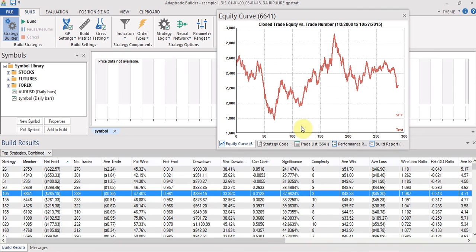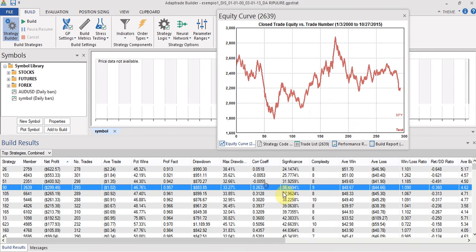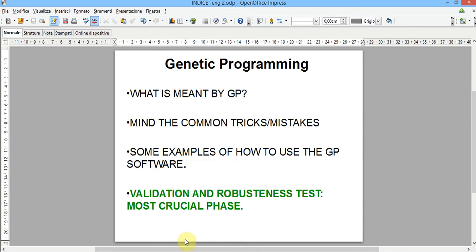So at the end, from this first validation in Builder, you are deleting many strategies from the top strategy database, and let's say from 500 you might move to 10 or 20, depending on the instruments, of course. So you have a first phase of the validation.